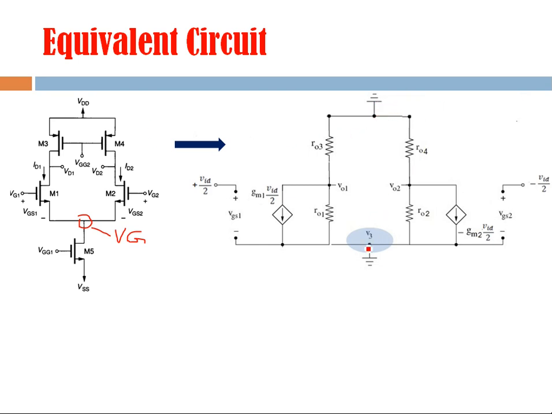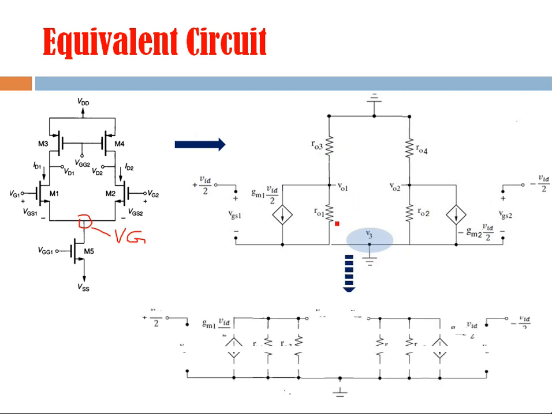So for AC analysis, DC sources are grounded, and this point is virtual ground, so it is also indicated like a ground, right? And when this ground and ground are joined together because both are at the same potential, this will come in parallel with this, and the equivalent circuit will be something like this. So V01 is this output, and V02 is this output, and this is in parallel with this, something like this, right?